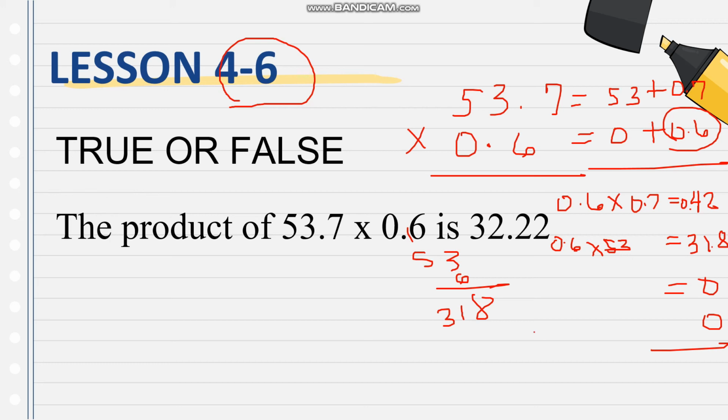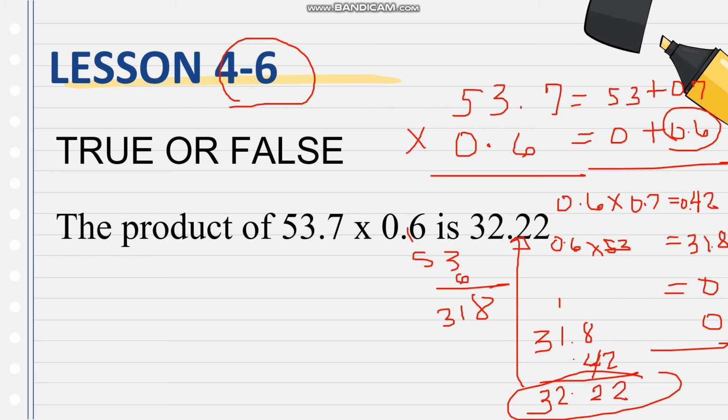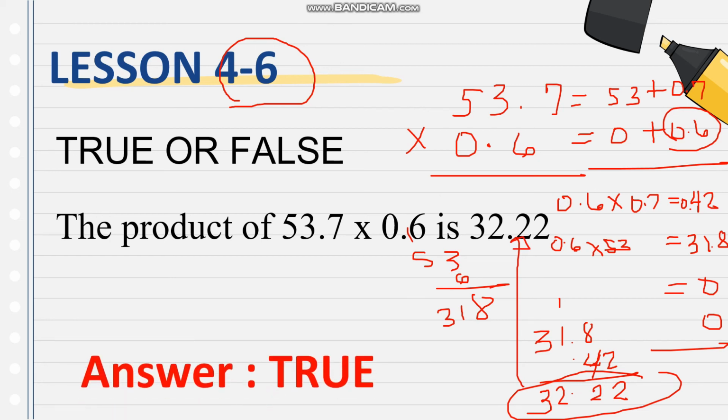So 31.8 plus 0.42 plus 0, the answer is 2, 12, regroup 1, 2, and 3. So 32.22, which is correct. That's why the answer is true.